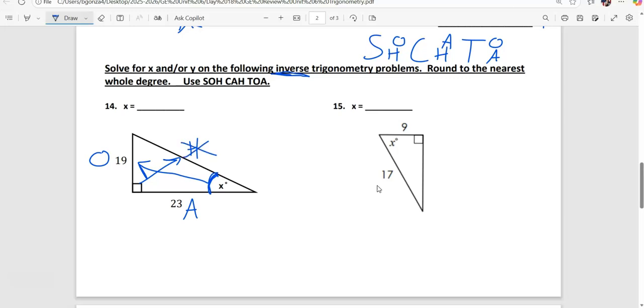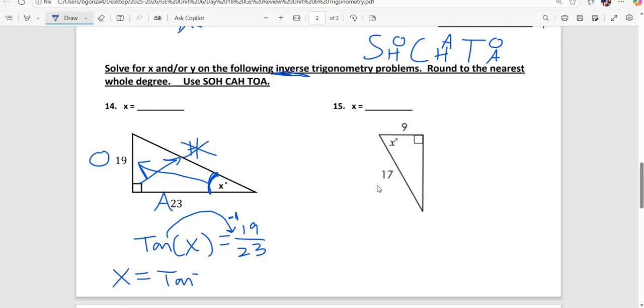H is missing, so we're going to put OA, tan. So tan of x equals O over A. And I want you to remember that you can move the tan to the other side. Like if you want to get x by itself, the tan goes to the other side, but you got to put a little -1 on it. So x equals tan inverse 19 over 23.